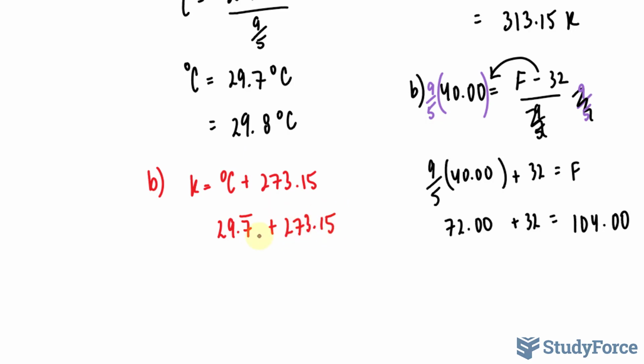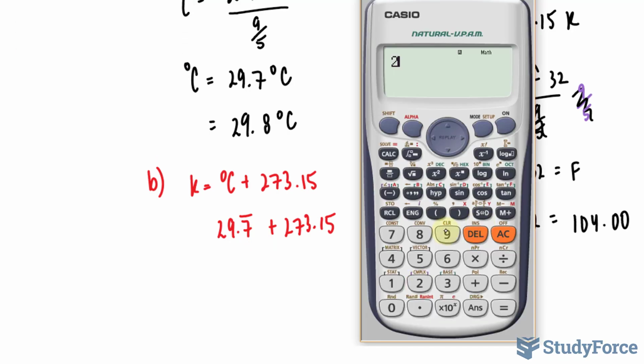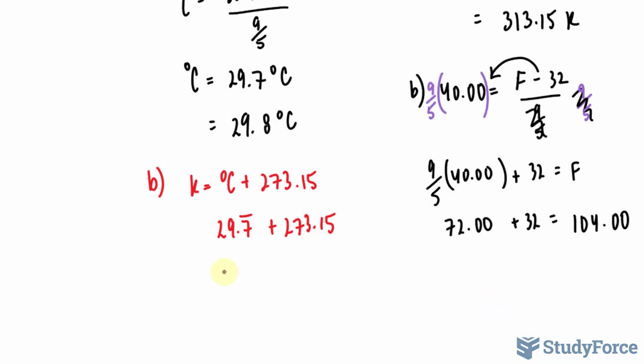But when I go to add them, I know that my final answer has to have 1 decimal place. Here's what I mean. 29.7777, that's enough sevens, plus 273.15. This gives me 302.92. Let's write that down first. 302.92.